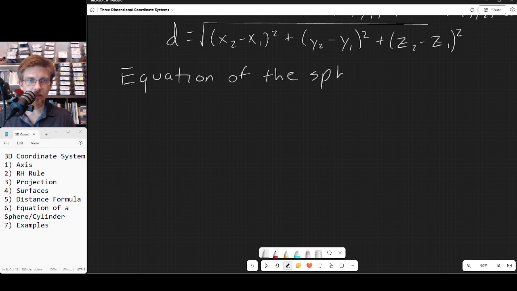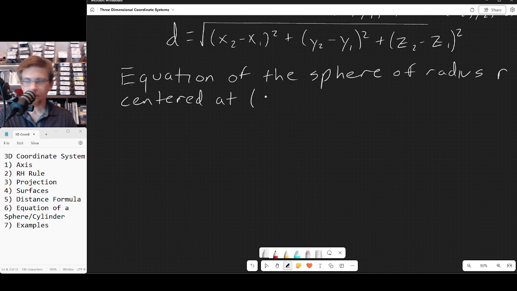I'm going to change the letters around a little bit here. So we're going to have an equation of the sphere of radius r centered at, there's a variety of centers.